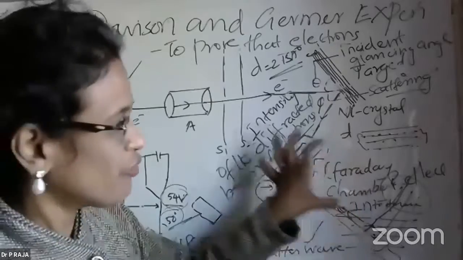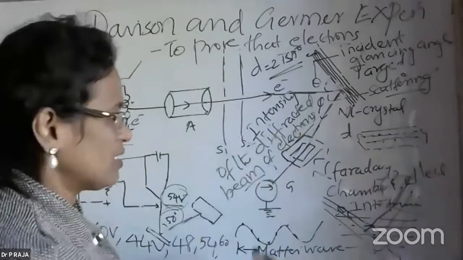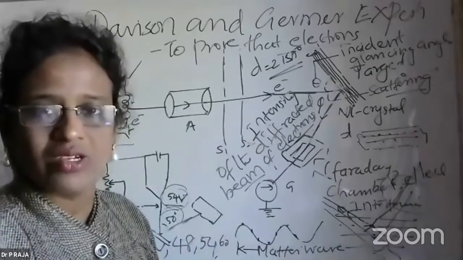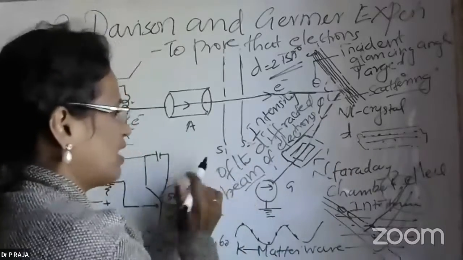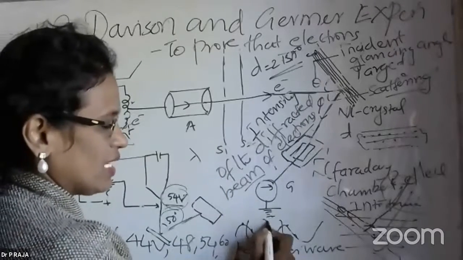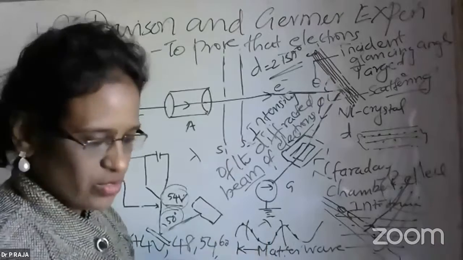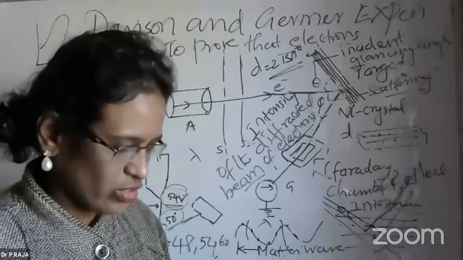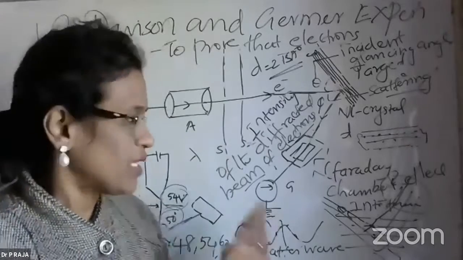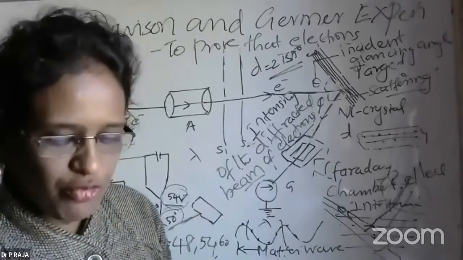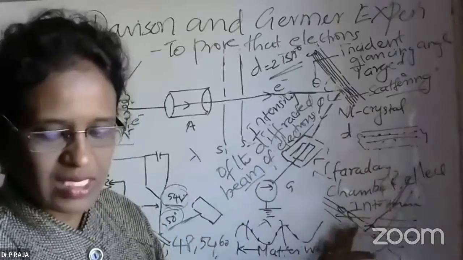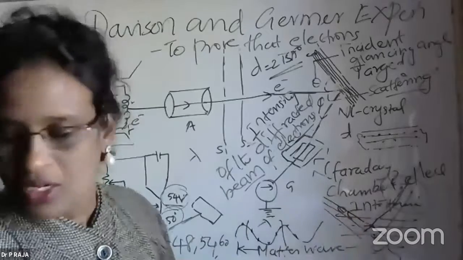They found the wavelength of the wave that is being emitted. Here I said intensity of the diffracted beam of electrons. So let's find out the wavelength, because we say that the matter wave has a wavelength lambda, isn't it? So what is the wavelength lambda according to de Broglie's concept? It is lambda equals h by p. That is for the particle nature. Now for the diffracted beam of electrons over here, according to the X-ray diffraction pattern, what is the formula?